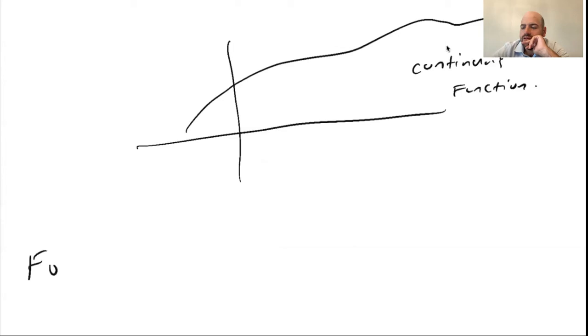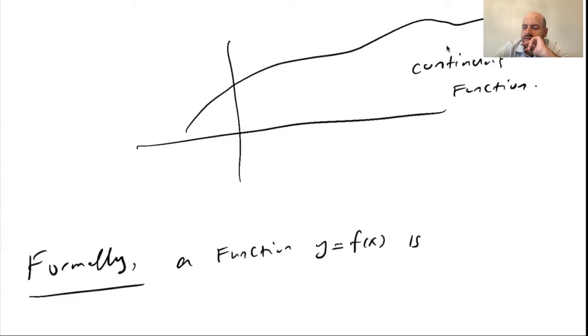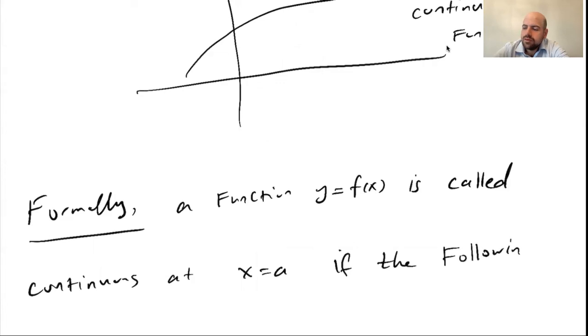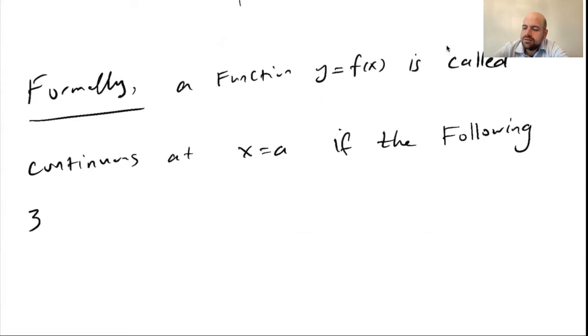Okay, so now formally, a function y equals f of x is called continuous at x equals a if the following three conditions hold.